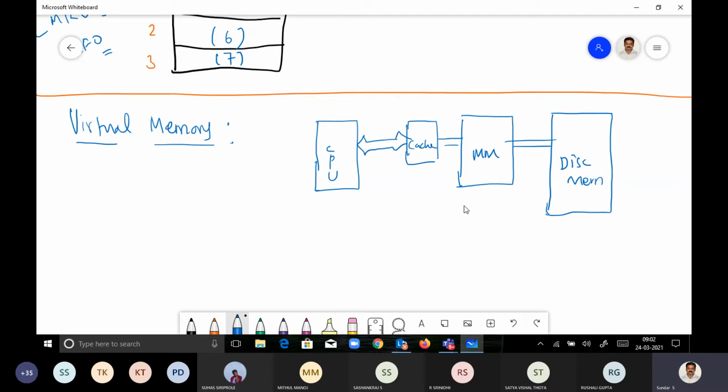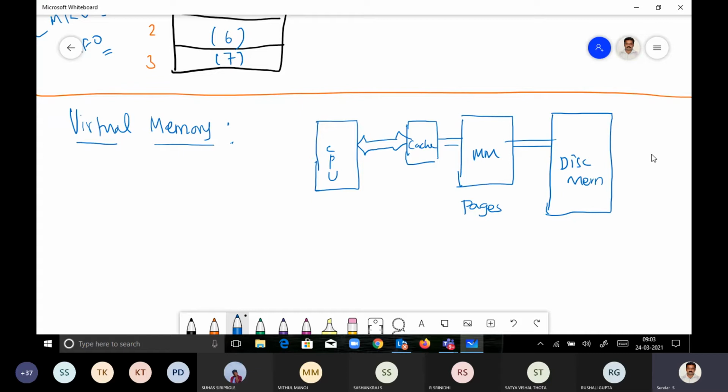Now we are going to use a term called pages. Main memory has some fixed pages. Whatever information the CPU is looking for, if it is available in the main memory, it's called a page hit. Otherwise, a page fault, and then it goes to disk memory. If that information is available in disk memory, it's fine.